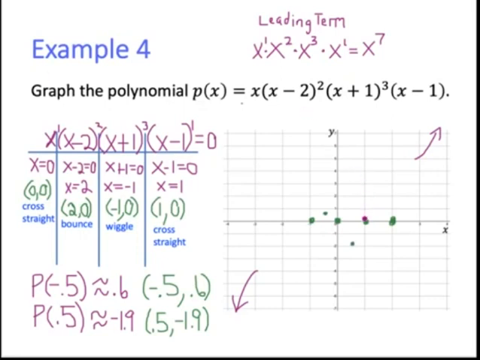Our next interval that we need a test point in is the interval from 1 to 2. And a nice central point is 1.5. So we're going to go ahead and find P of 1.5. And that is approximately 2.9.